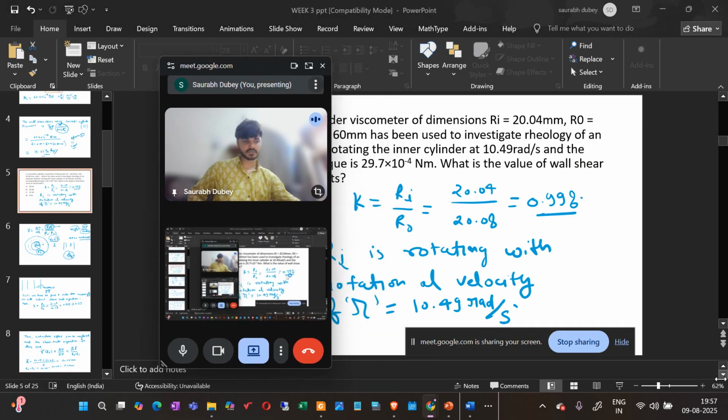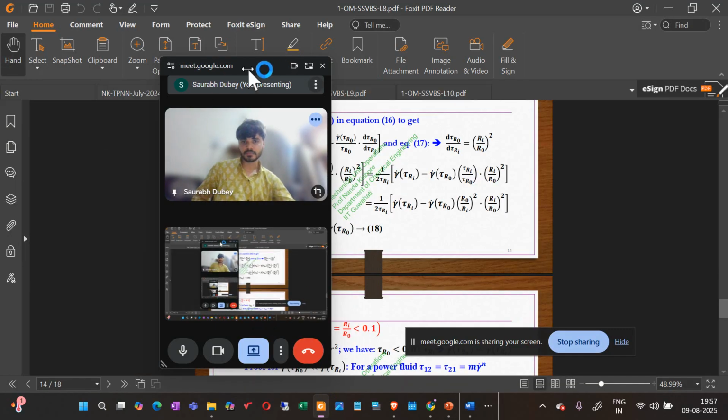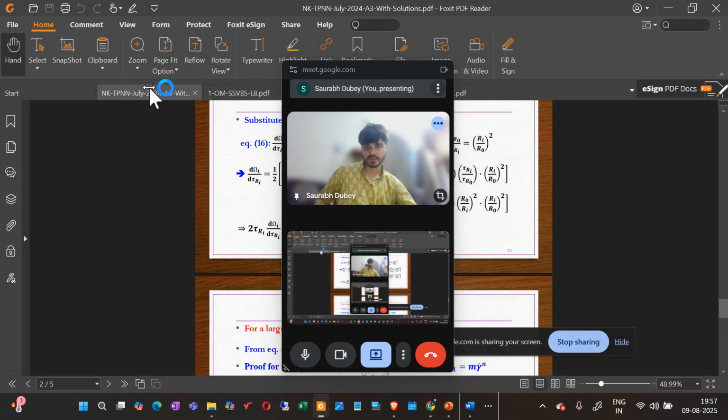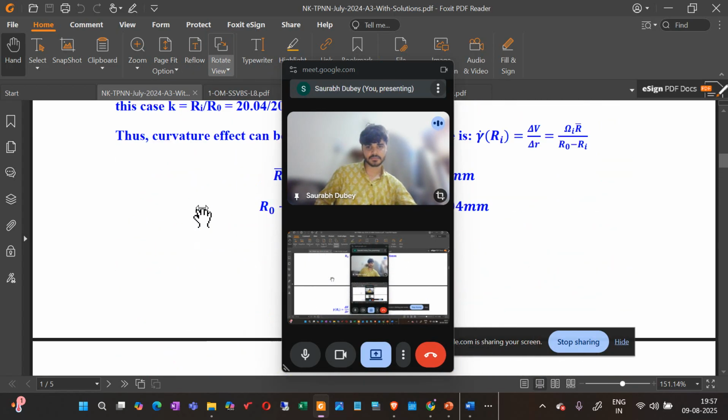So let me just change the options also, because these options you are not having here. The wall shear rate at the midpoint of the MS region. So this question, we just put it here. I think this question I have not had it here, so let me just snip it and put it.